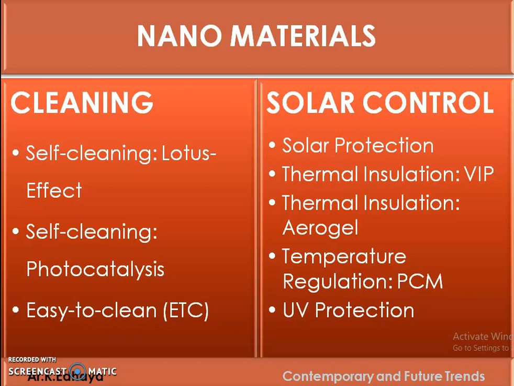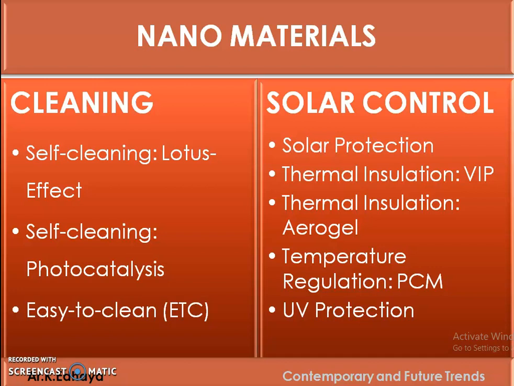Here they have talked about a few nanomaterials, and firstly, I'm categorizing them into two basic typologies. One is cleaning and the other is solar control. If you take cleaning, we have a lot of pollution around. We have a lot of air pollution, especially from carbon dioxide emissions from vehicles, from industries, and so on. And we have a lot of odor as well.